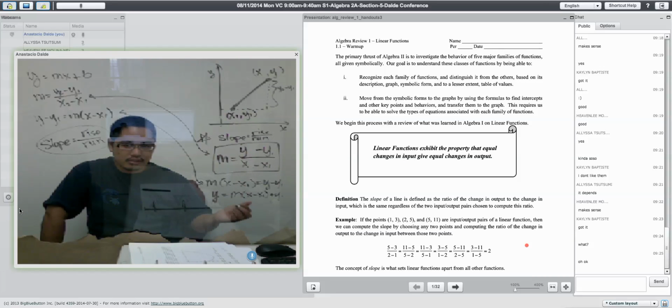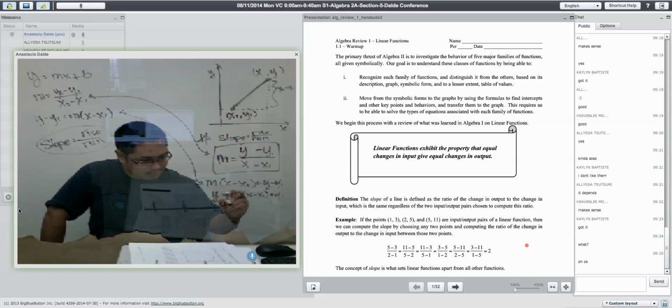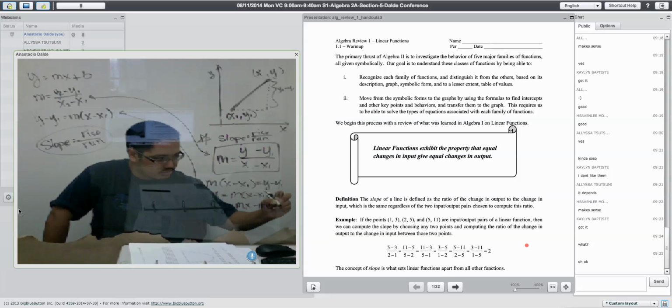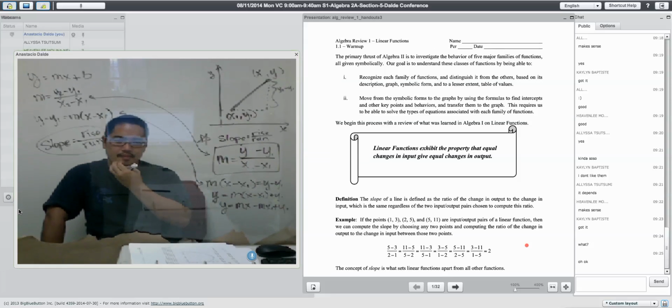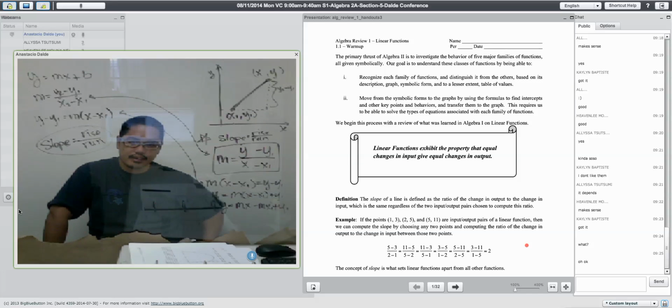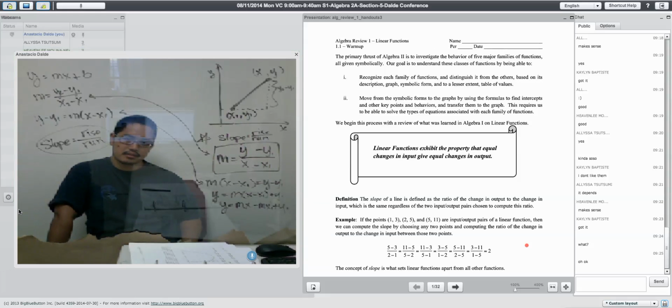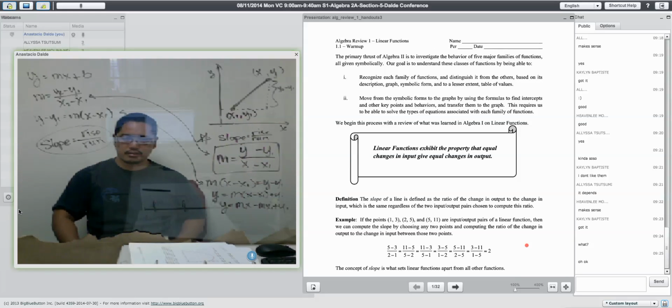Now all I'm going to do is distribute this m into here, because there's a parenthesis. So I'll have y equals mx minus mx1 plus y1. You got it? All I did was I distributed that m back into there. Yes, no, happy, sad?